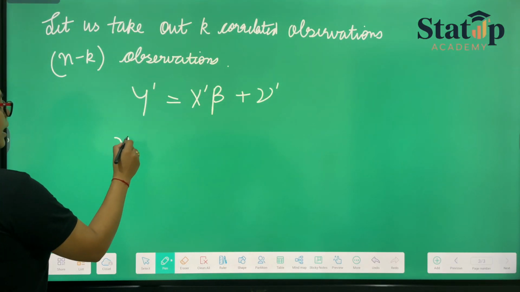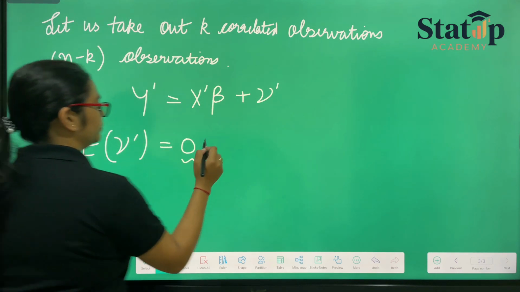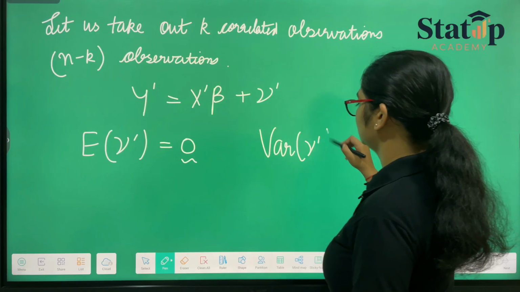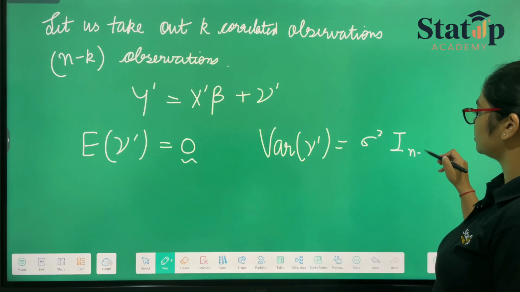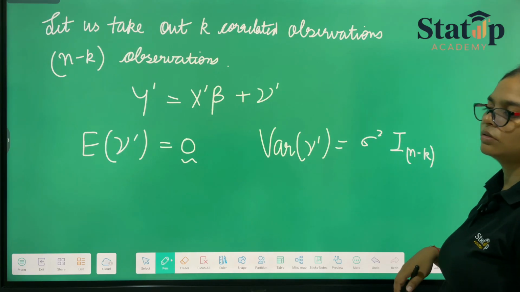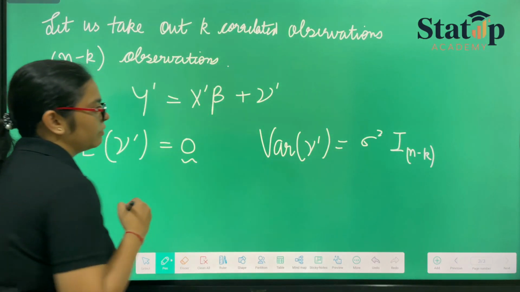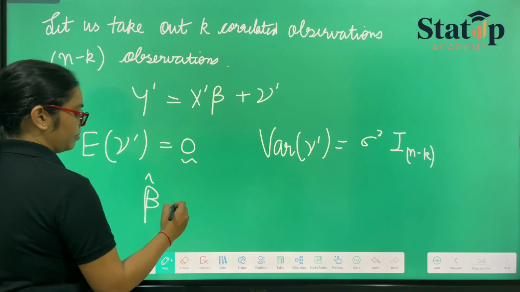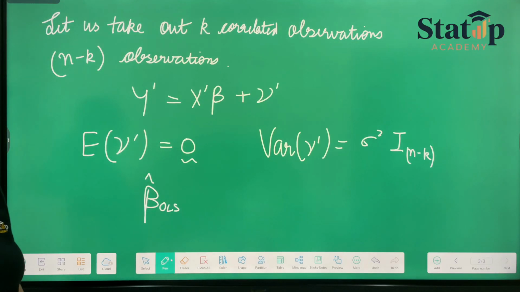Here expectation of mu dash is equal to 0, and variance of mu dash is equal to sigma square I, where I is of the order n minus k. So here we will get our estimation of beta cap by the OLS estimation method, and hence we'll get all the values.